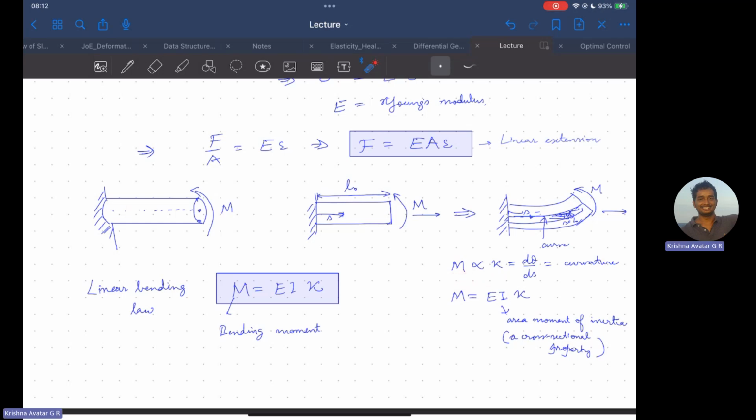So M is proportional to kappa. First of all, kappa is equal to d theta by ds, where theta is the angle made by the tangent to the center line with respect to the horizontal axis.